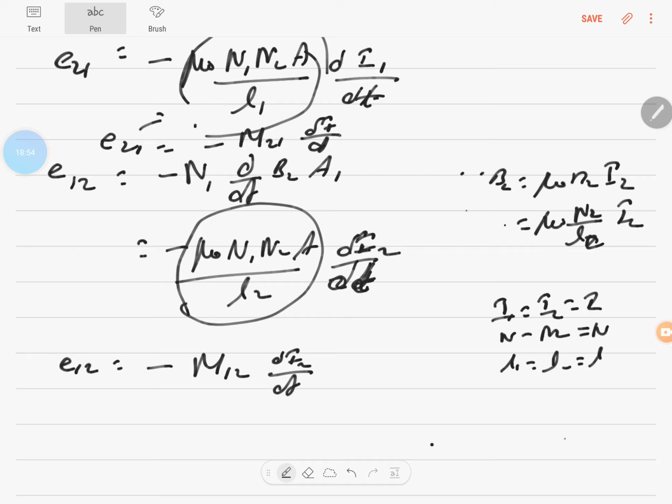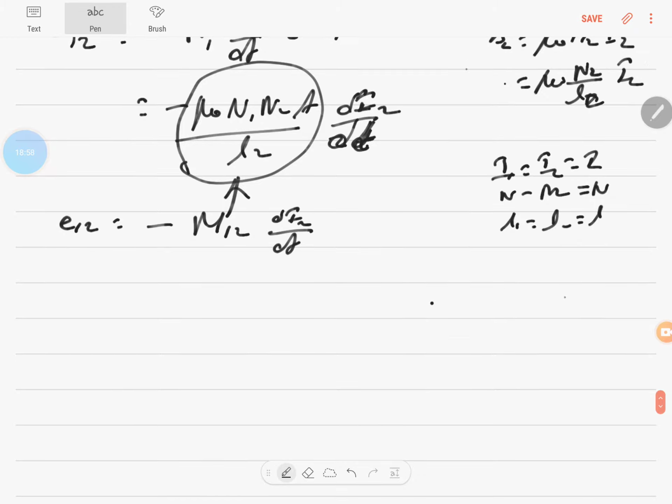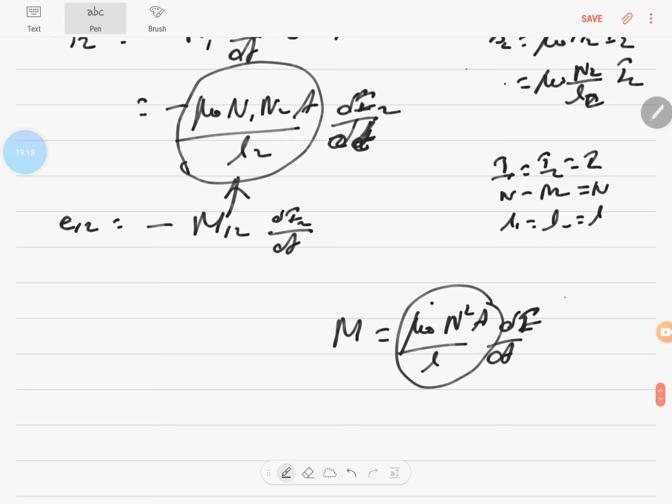So this is mutual inductance, and a general formula for mutual inductance therefore is, if it's the same number of turns, N square A by L, with the current being the same. Then this is similar to the self-inductance, but this will never be the case, because the number of turns is not going to be the same, as you saw in the transformer. However, you can write it as a general format considering this.